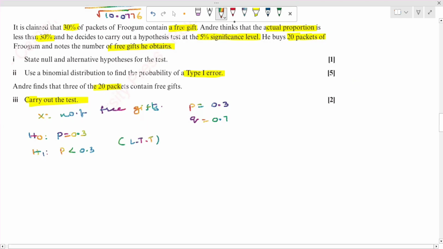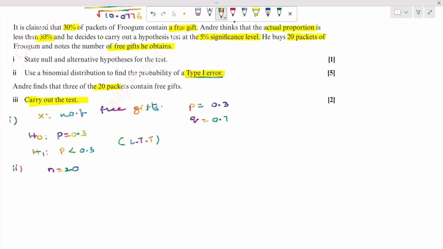That is the first one, we have written that. Second one, we have to use a binomial distribution to find the probability of a Type 1 error. Once I read the question, he buys 20 packets, so n is equals to 20. Binomial means you should use the binomial concept.